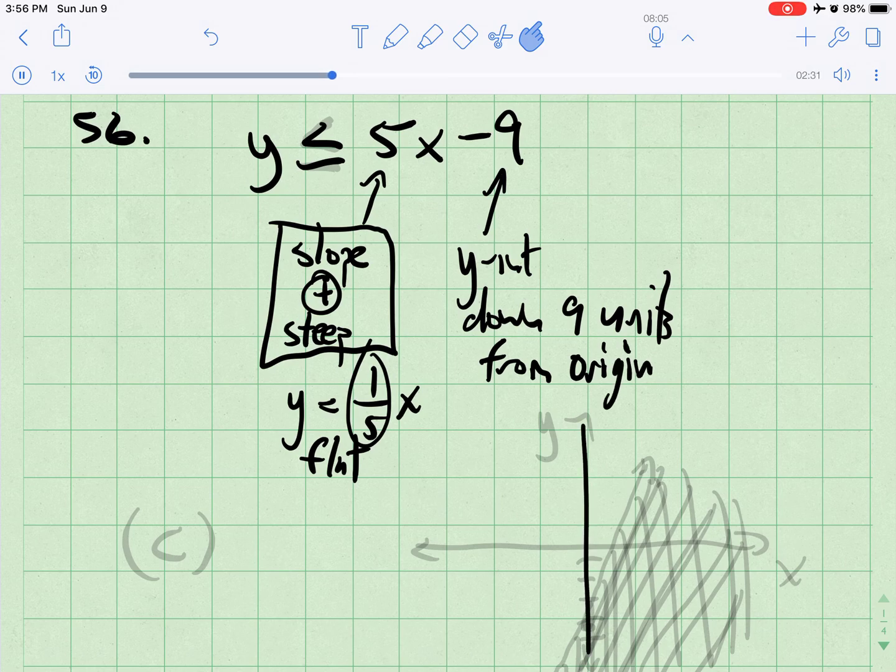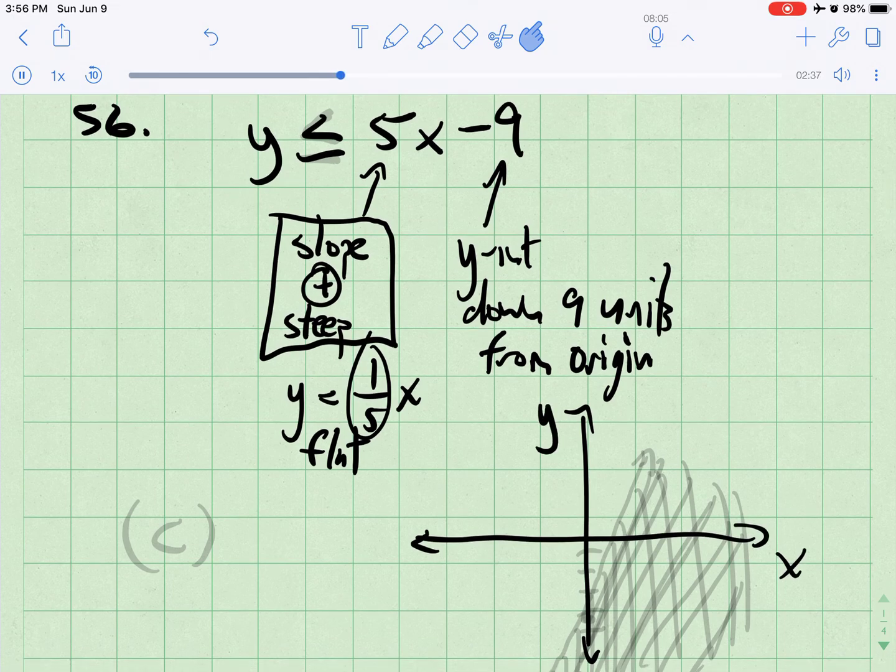So, if we were to sketch it briefly, quickly, this is the x, this is the y. Positive slope, down 9 units, 2, 4, 6, 8, 10. So 9 units is there. And it's very steep. So maybe we say something like this. Okay? Very steep. We're looking for a steep slope.